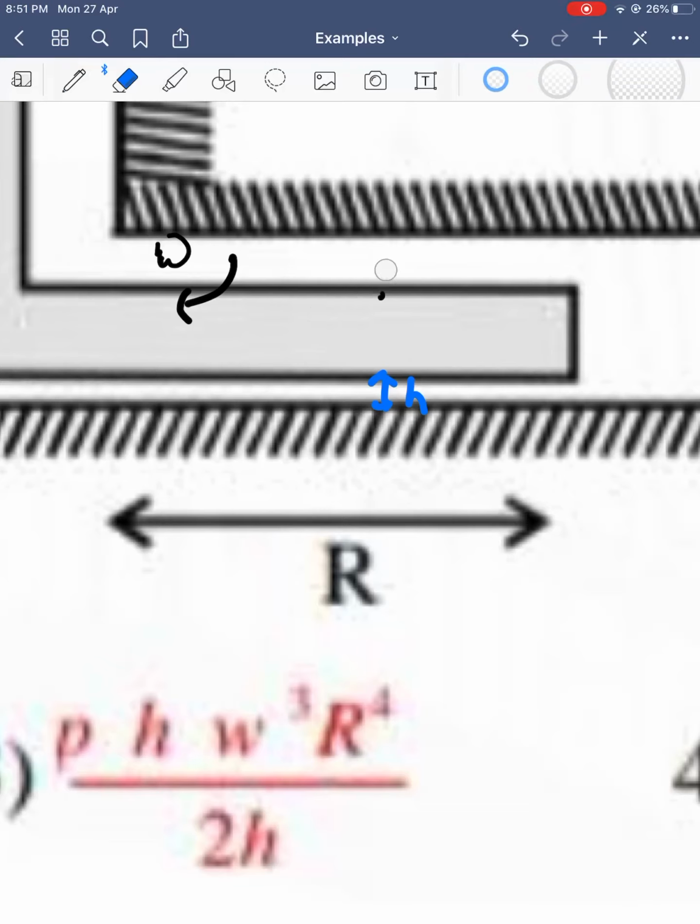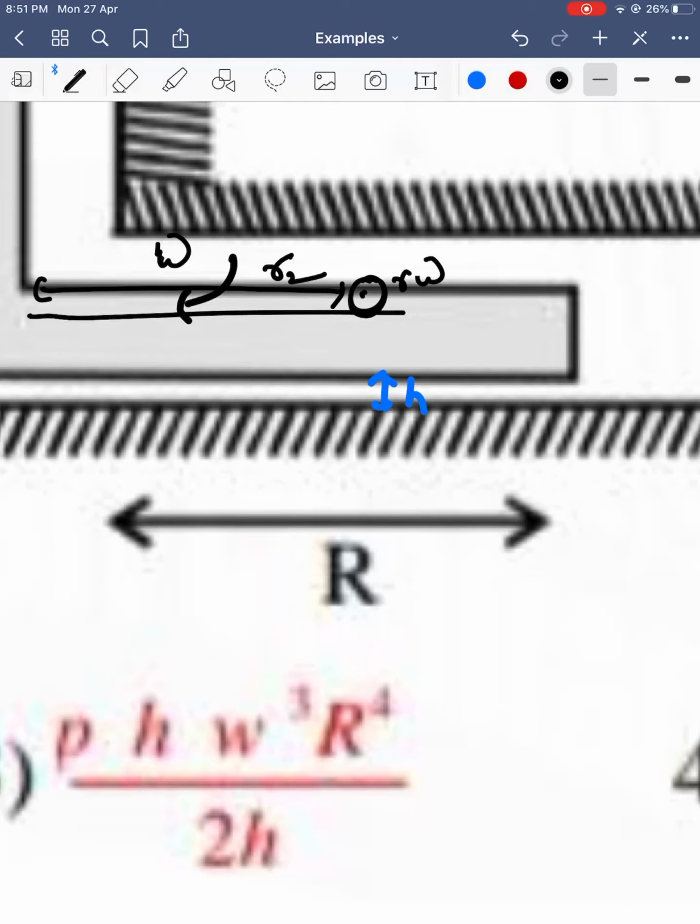It tries to go out of the plane. What is the velocity? V is equal to, from here to here I am considering r, so it is r omega. And if I consider another position, there will be r1 omega if I consider the distance as r1.